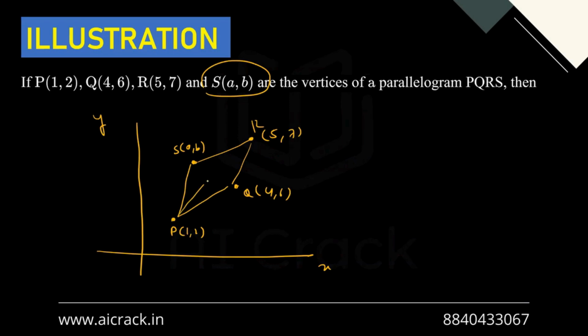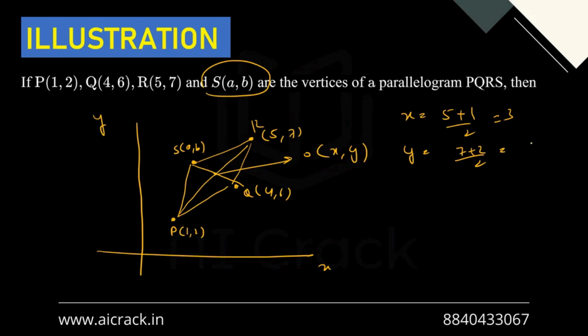Now, we'll do the same thing over here. Let's say this point is O, with coordinates X, Y. So X, with the help of P and R, is equal to 5 plus 1 by 2, that is 3. And Y equals 7 plus 2 by 2, that is 9 by 2, right?